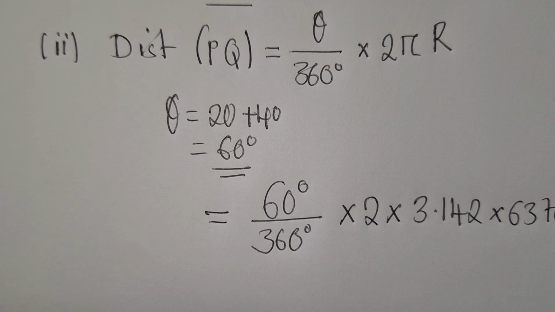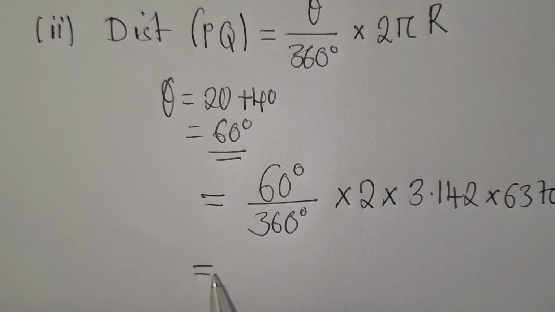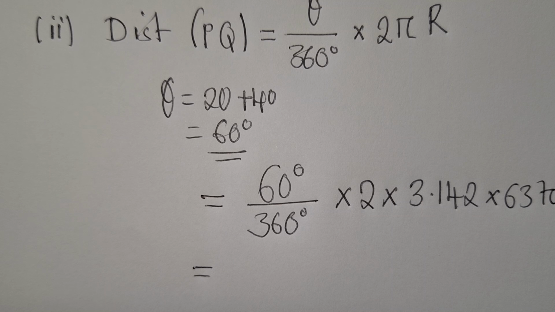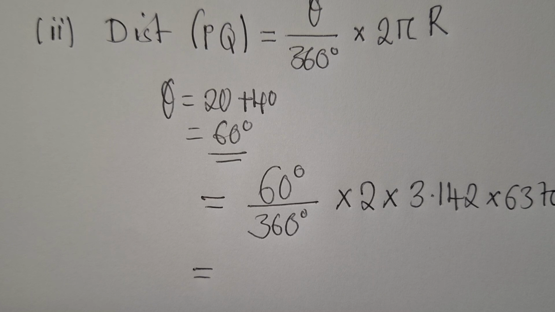So we just write it like that. Okay. So now we're going to work out what is on top here. So we shall say 60 times 2 times 3.142 times 6,370.